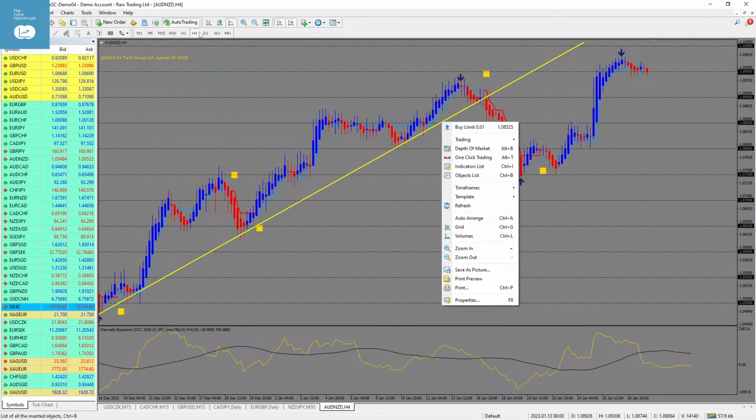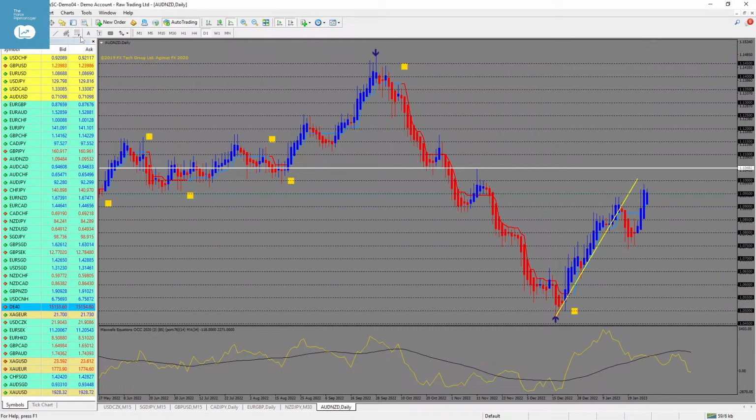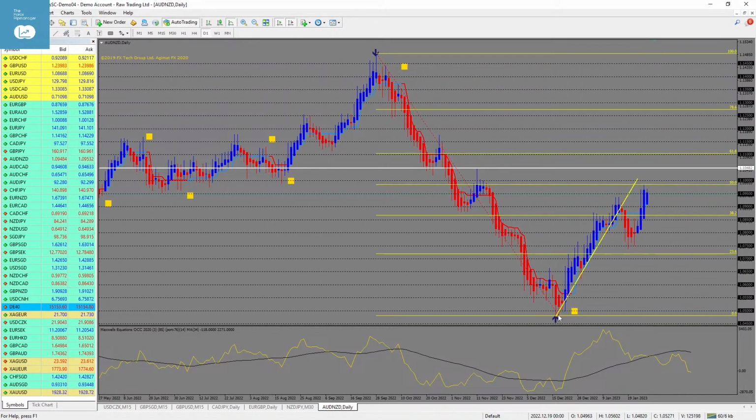Here on the daily, let's see, it's almost the same like before. We have here then the next resistance, and so I think it's possible that this pair goes higher. If we draw a Fibonacci line here from this high to this low, we see that it stopped exactly at the moment on the 50% level.